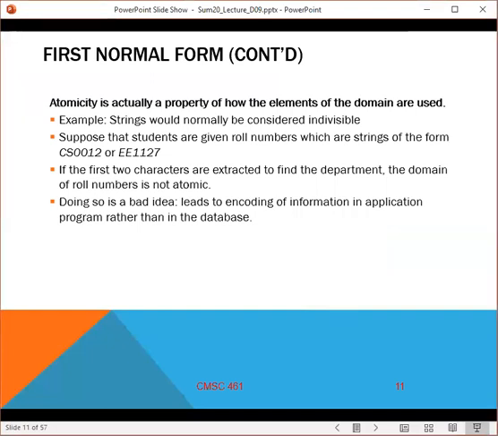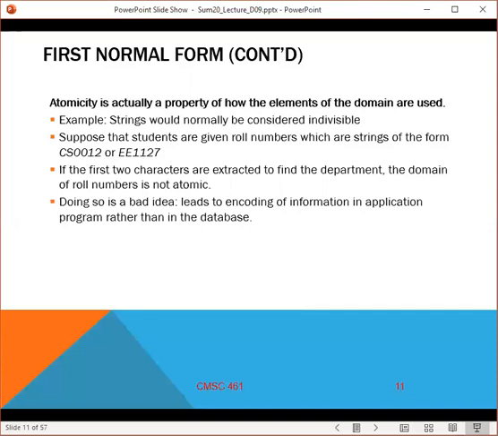A repeating group is a group of multiple entries of the same type that can exist for any single key occurrence. The existence of this proves the presence of data redundancies and the potential for anomalies. So the steps we go about doing a normalization are first eliminate the repeating groups.